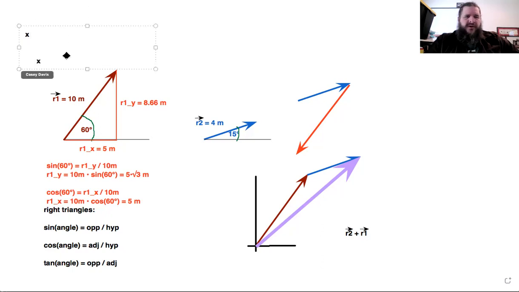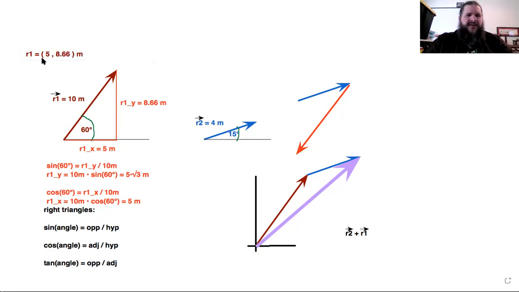All right, so we can now label R1 in terms of its XY components. R1 is, and we sometimes write these in parentheses or sometimes angle brackets, just the X component and the Y component, separated by a comma.